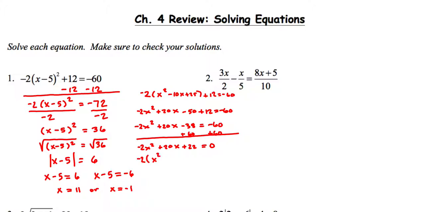So I'd have x squared, negative 2 times a negative 10x gives me that positive 20x, and negative 2 times a negative 11 gives me positive 22. Now, since this has no variable attached to it, it really doesn't mean much to us. We could divide both sides by negative 2 and not even worry about it. I'm just going to focus on my trinomial now. This should factor into 2 binomials.